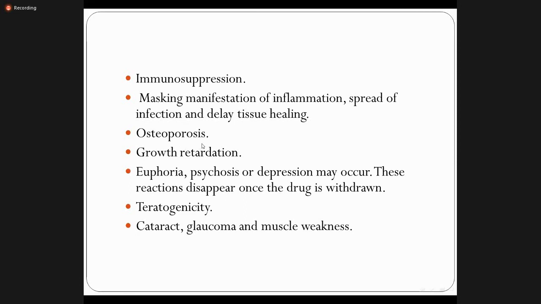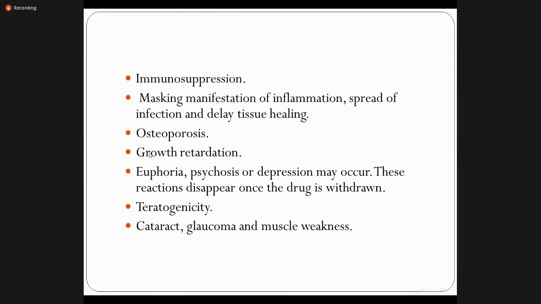Osteoporosis, we have already discussed: glucocorticoids enhance the osteoclastic activity. In osteoclastic activity there is increased bone resorption, right? And they inhibit the osteoblastic activity, that is the bone formation activity. So that will lead to weakening of bone, osteoporosis, growth retardation, right? Euphoria, psychosis, or depression may occur.